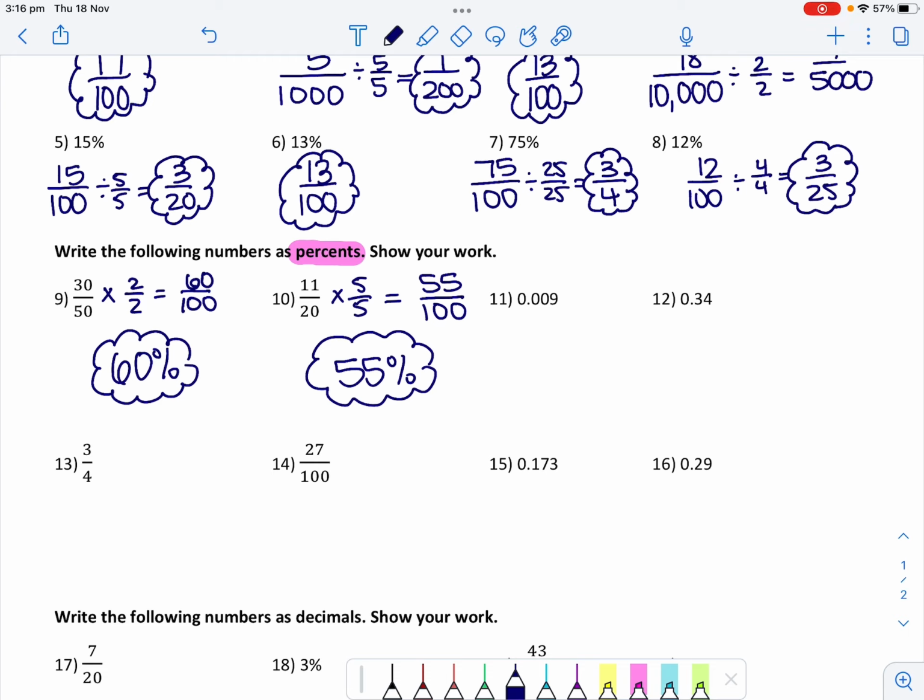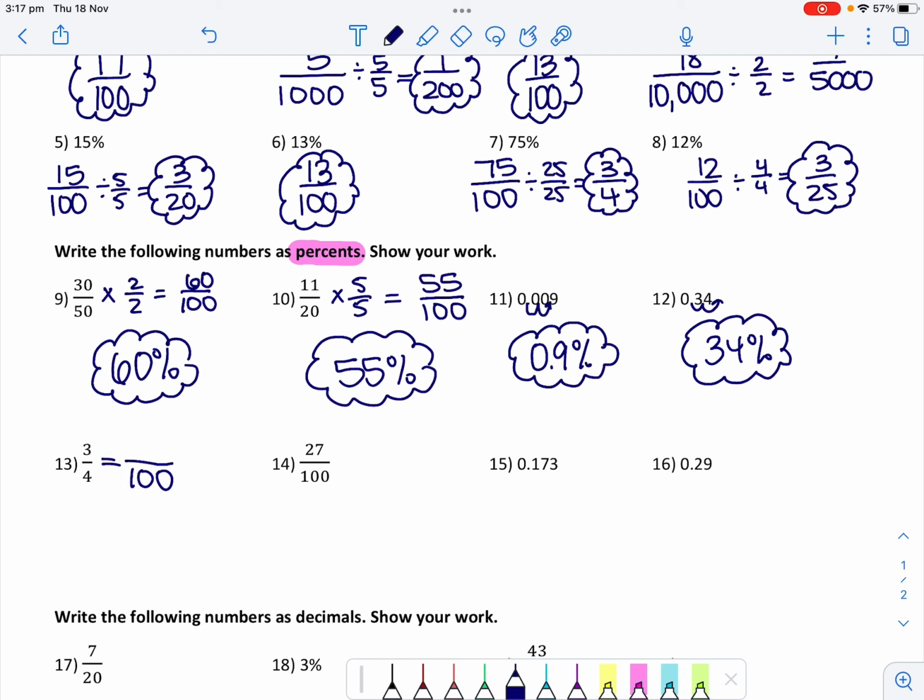For the decimals, I am going to move the decimal place 2 places to the right. So 1, 2 is going to be 0.9%. For 0.34, it's going to be 34%. For 3 over 4, I'm going to get 100 on the bottom.